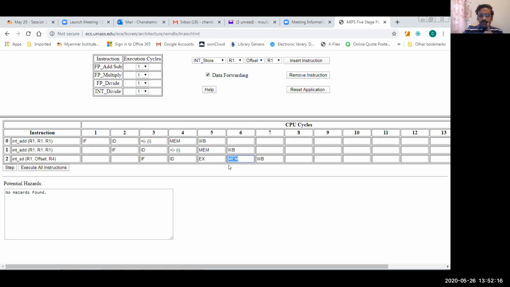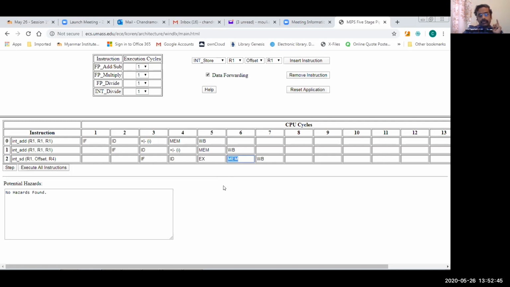It is enough if I have the value of R1 just before the memory cycle, because the address, offset plus R4, I can compute during the EX stage, which is independent. But I want the R1 value during the data writing into memory. Which pipeline register do I want it in? I want it in this one.